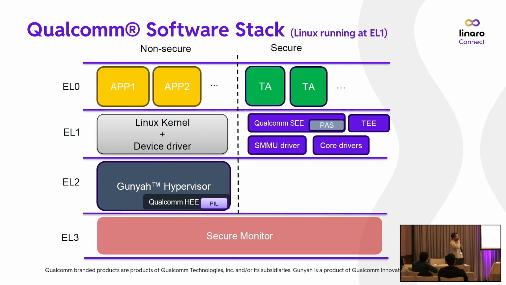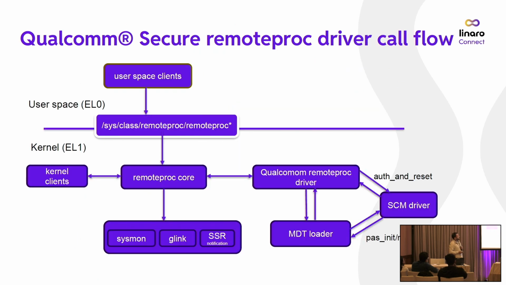Now, how the normal call looks: there is a remoteproc core and the Qualcomm remoteproc driver. When a user space entity writes to the sysfs node in remoteproc, the remoteproc number, and then the state.